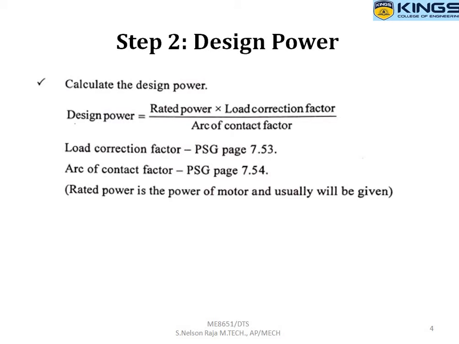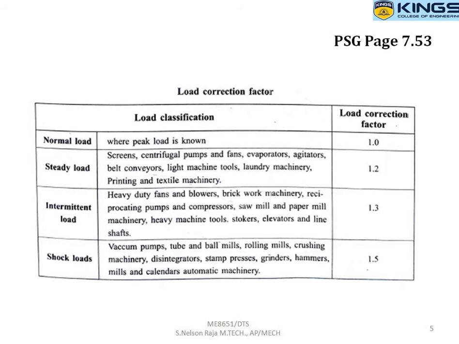Now we are going to discuss the load correction factor. When you look at PSG page number 7.53, this table is available. We have to find the suitable load correction factor according to the load. There are four different types of load: normal load, steady load, intermittent load, and shock load.